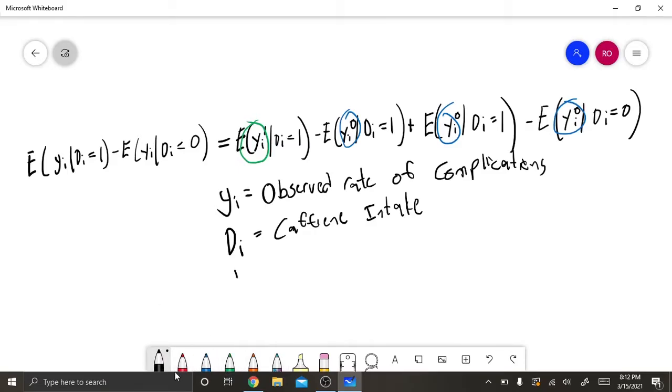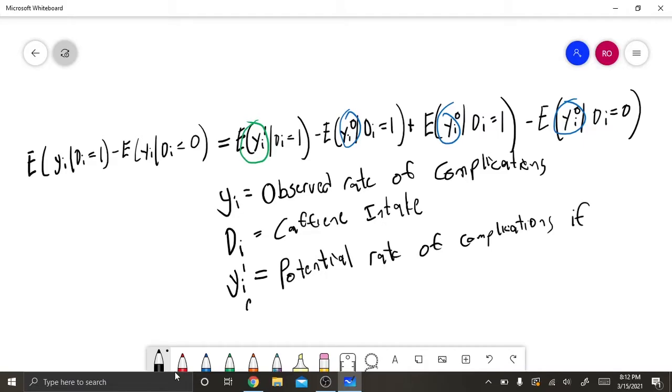Okay, so y1i is the potential rate of complications if a person consumed caffeine.